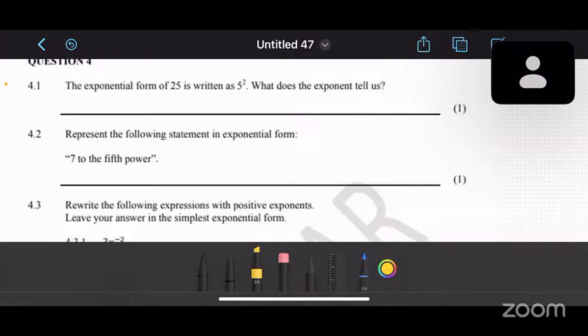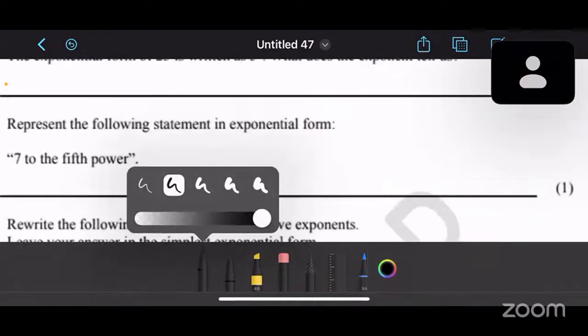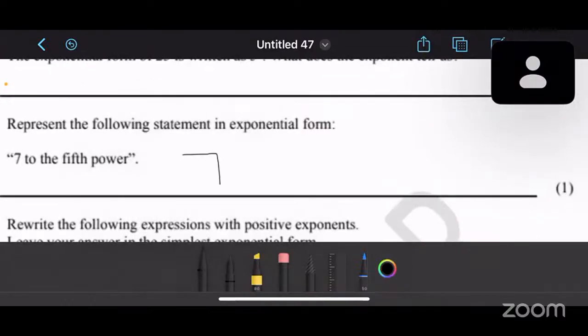How are we going to write that? 7 to the power of 5.